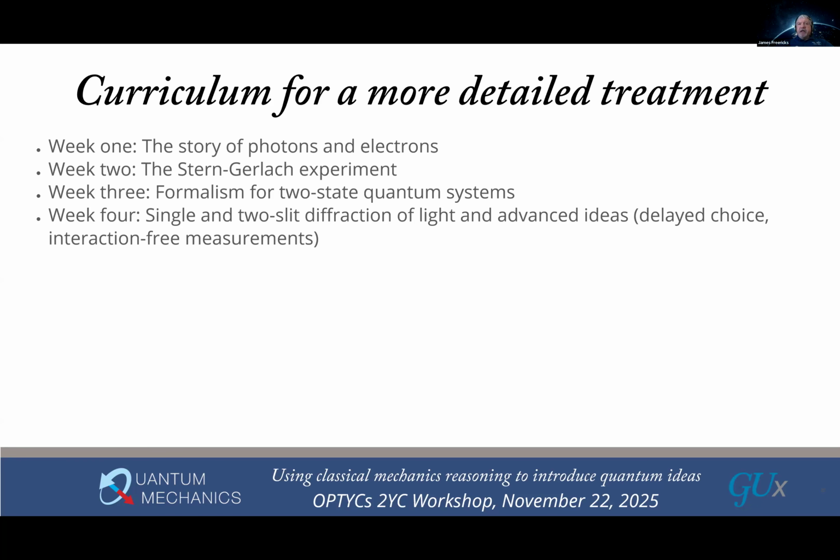And that means that you can actually do this just by talking through exactly how everything works. And you can predict very advanced experiments, things like delayed choice experiments, interaction-free experiments, and so forth, just using these very simple ideas from Feynman.